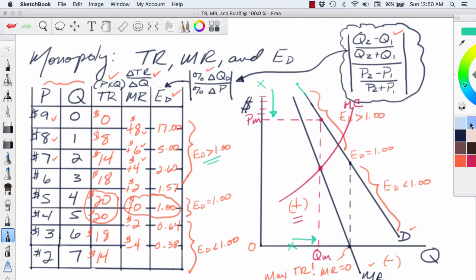Now, let me change this around. Suppose that you're overproducing. You're somewhere over here, which means you're somewhere on the demand curve over here, which means you're operating somewhere down here. You're overproducing and underpricing. Well, as a monopoly, you have no incentive to overproduce and underprice.